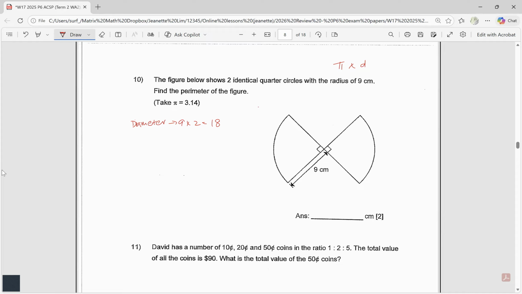So I will find 1 semicircle arc, half times pi, so pi is 3.14 times diameter, which is 18. Simplify, then key in your calculator, 9 times 3.14, which is 28.26.